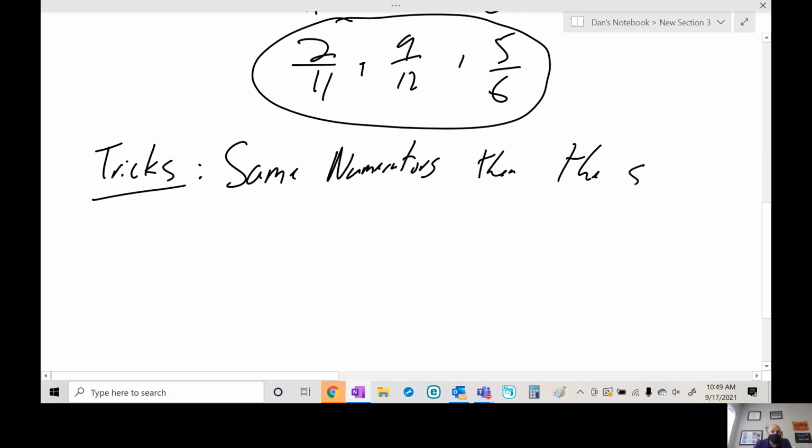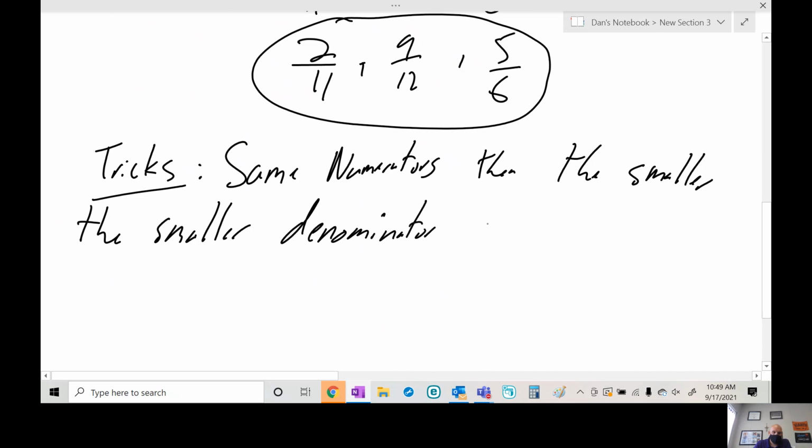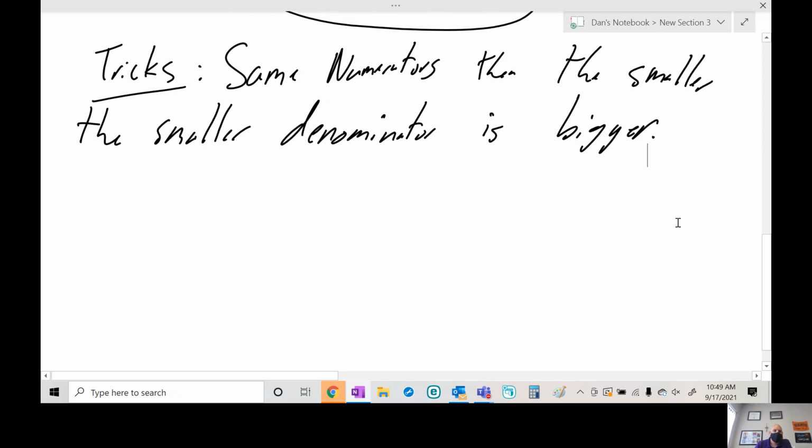Then the smaller denominator is actually bigger. Let me show you. Let's say we had 1/8, 1/2, and 1/5.